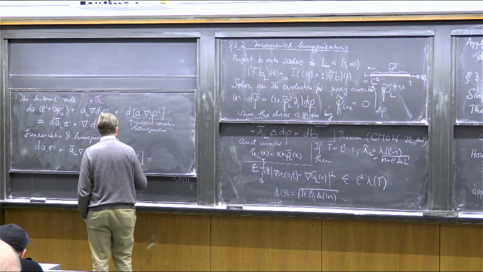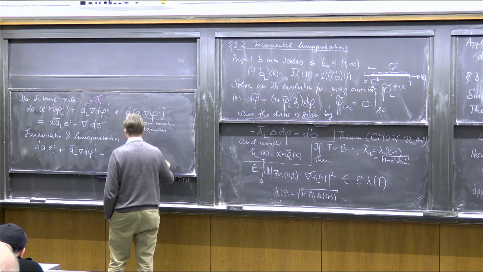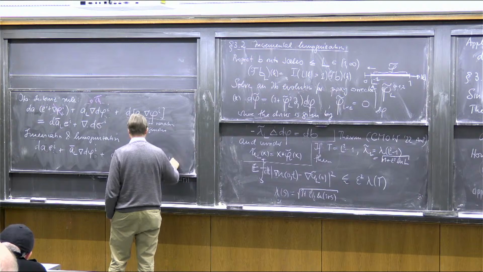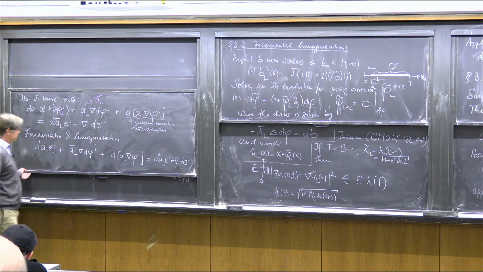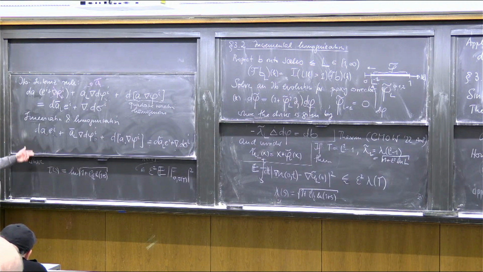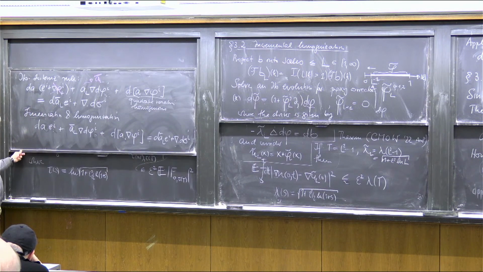And I'm just copying all the rest. Okay, so those are two, at this stage, completely uncontrolled approximations, linearizing and homogenizing.